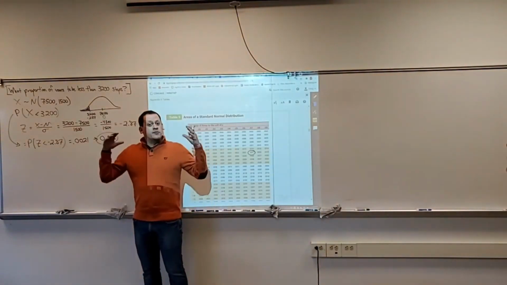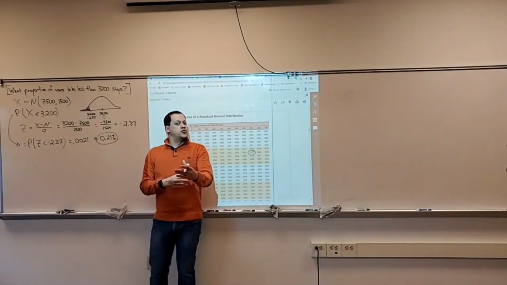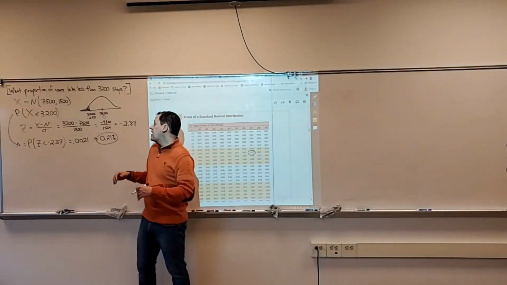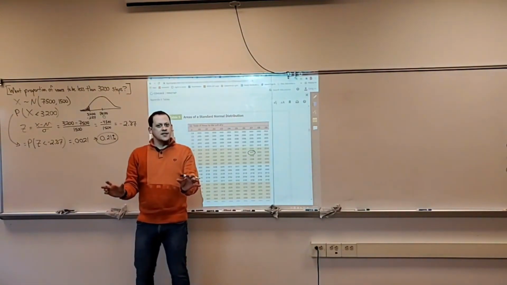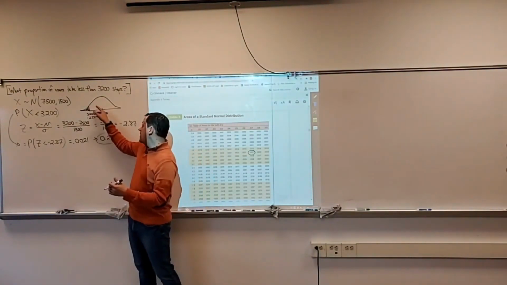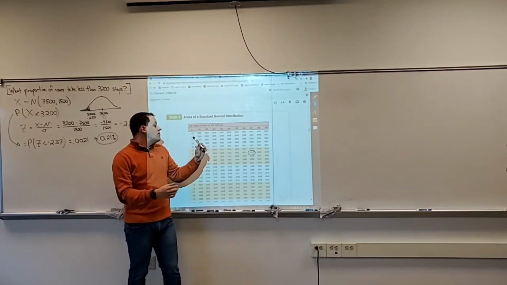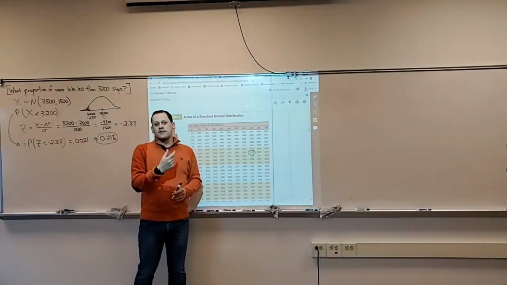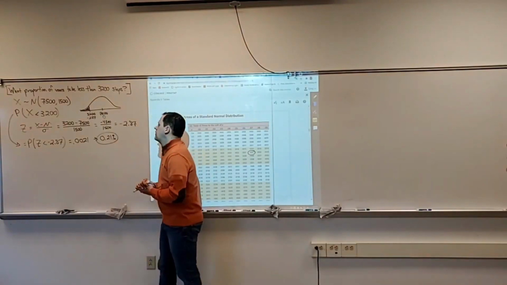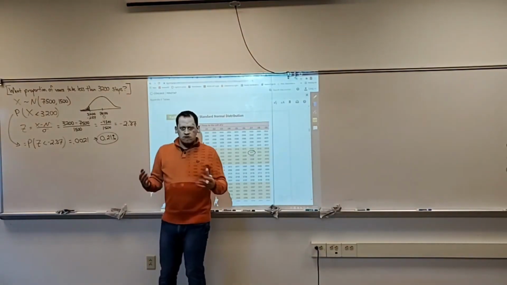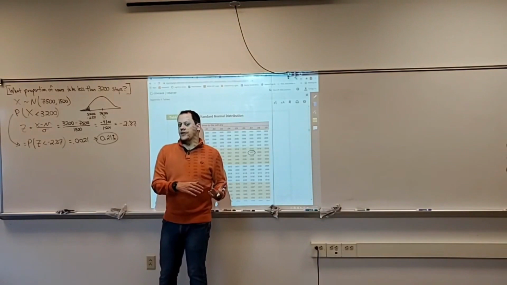And if you want the area between two values, you'll do just like before. You'll have to standardize both of the values, both of the x's, you need the z's. You'll shade in between. You'll look up both values here and take the difference in areas, just like before. Okay? So we're essentially just adding some steps onto what we already knew how to do.